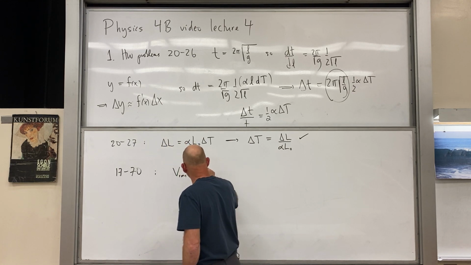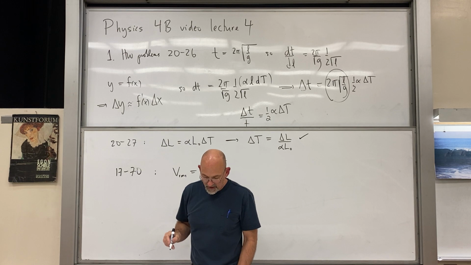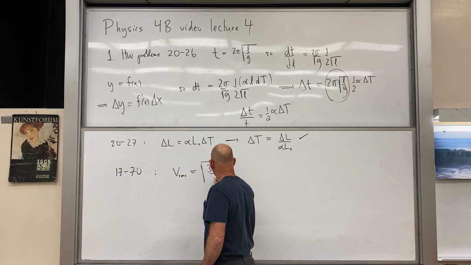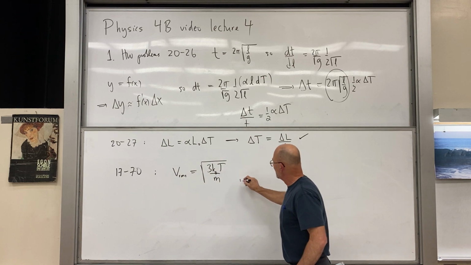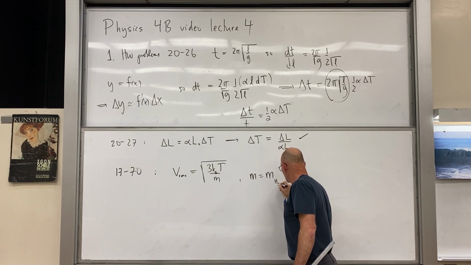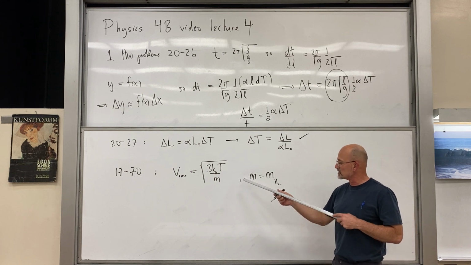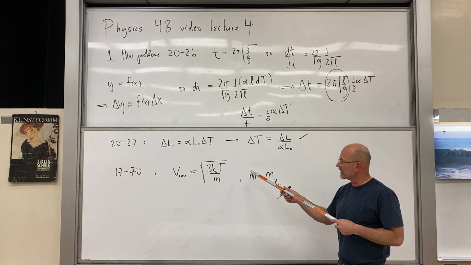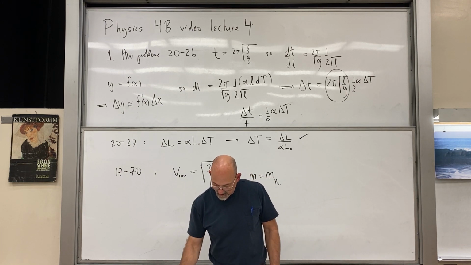You're looking for the square root of 3 k Boltzmann temperature over M. And what you were going to do is plug in the mass of 2 protons. That's the mass of the hydrogen molecule. You plug that in there and plug in all the numbers. That's for number 70. What else do we have here?